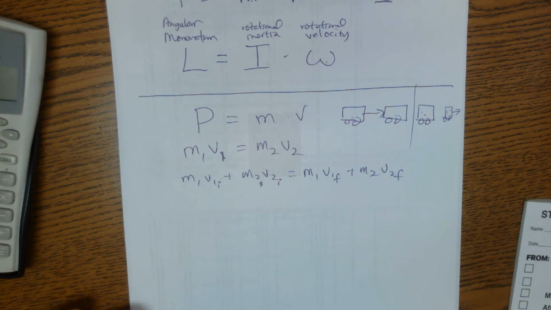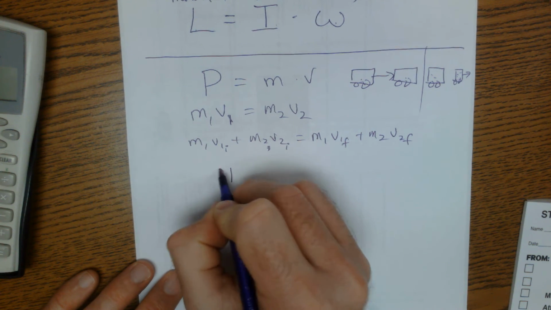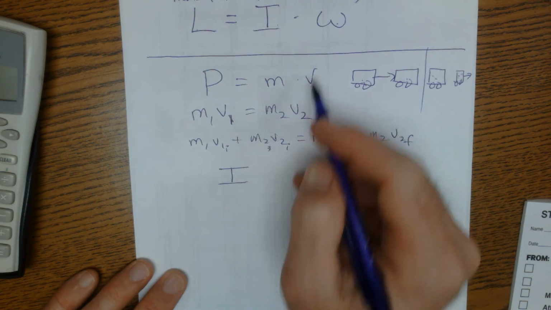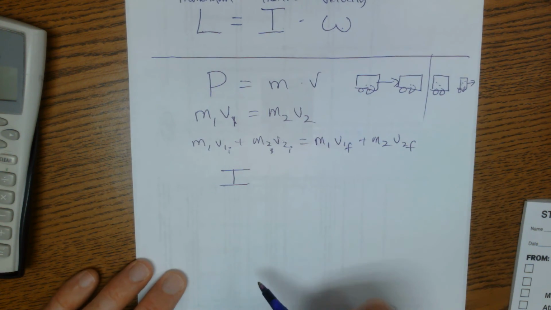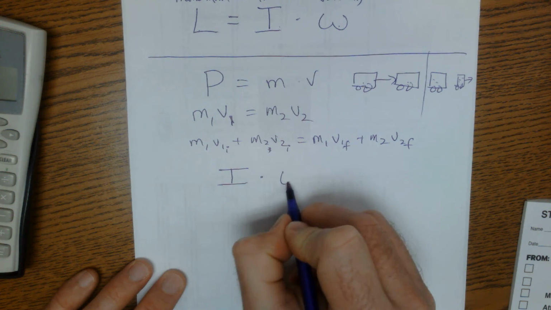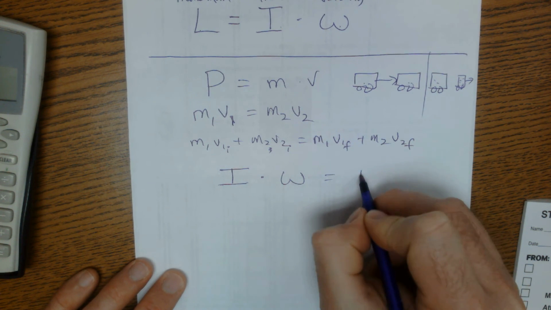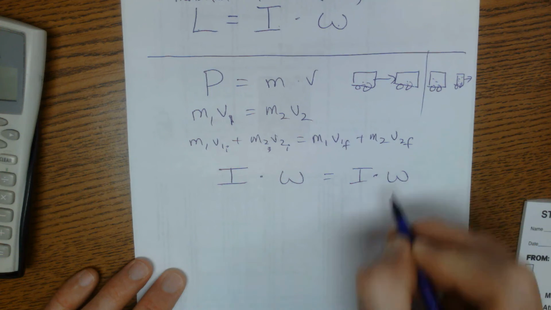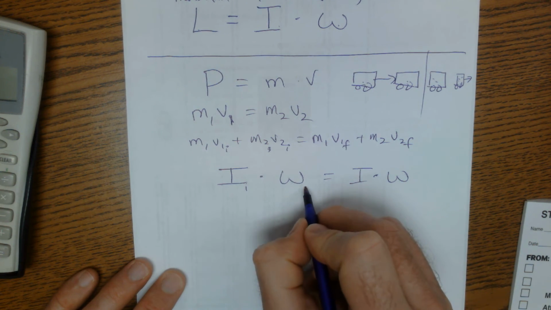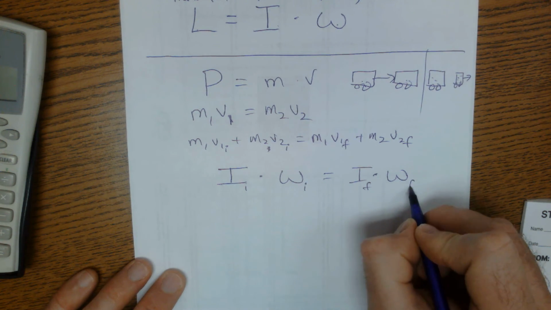It was all conserved. Well, let's go ahead and write this where we've got angular momentum. So it would be I omega, initially and finally.